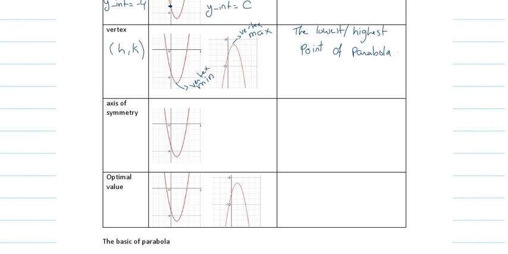All right. Now we have the axis of symmetry. The axis of symmetry is very important because we said that a parabola is a symmetrical shape, right? And the axis of symmetry is what defines that symmetrical shape. So if I'm going to ask you to graph an axis of symmetry here for me, how would you graph it?